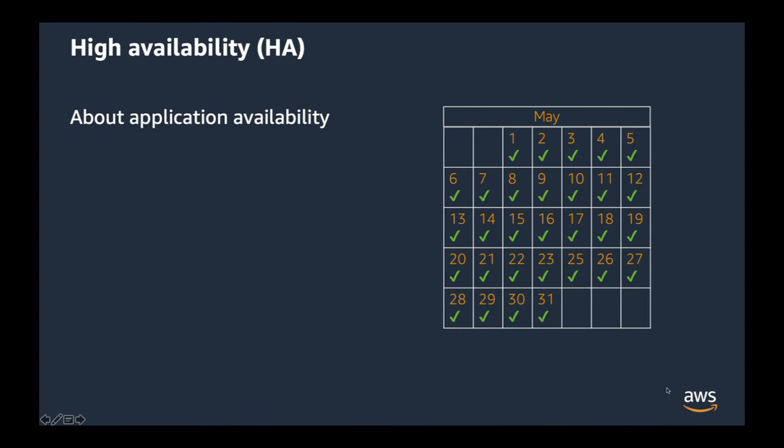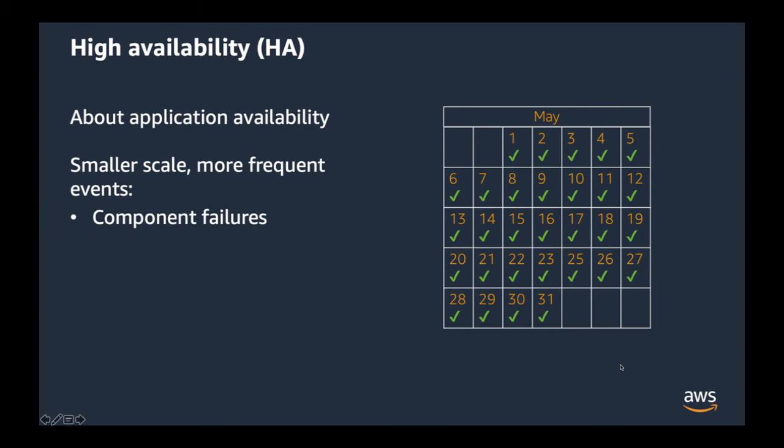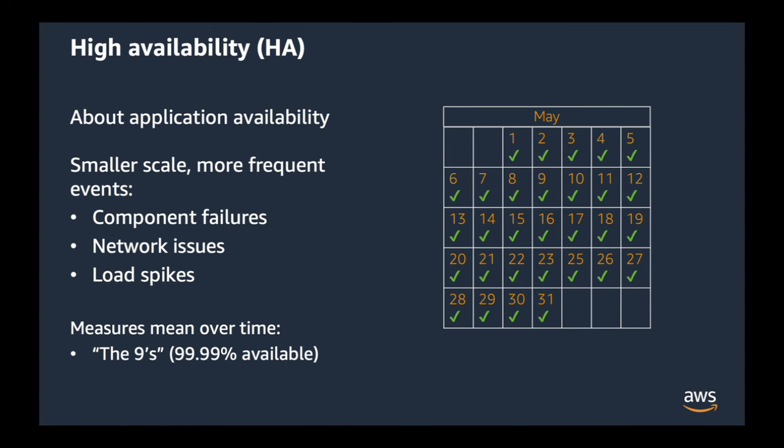So let's take a closer look at HA. Availability itself focuses on one or more common disruptions of smaller scale, such as component failures. You could have network issues. You could have load spikes as well, right? And this is focused on preventing loss of service, which is generally measured by the time an application is able to fulfill its business function.